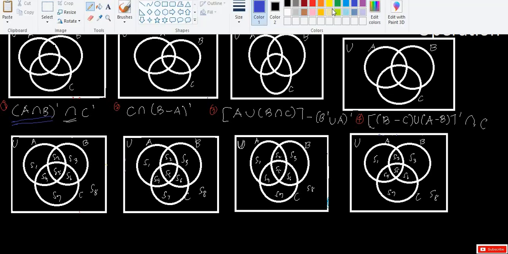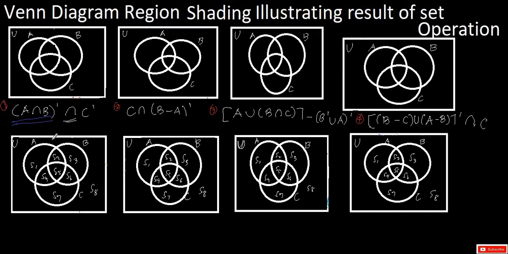But here I am going to introduce a technique. In this operation here, there are two operations, complement and the intersection. So according to the rule, we are going to perform the operation inside the parentheses.